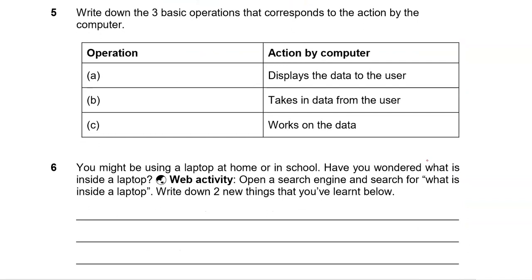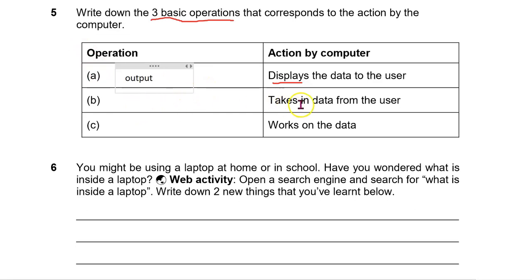Next, write down the 3 basic operations that correspond to the action by the computer. For part A, the 3 basic operations they're asking for are input, process, or output. If you are displaying the data to the user, then this obviously would be an output operation.